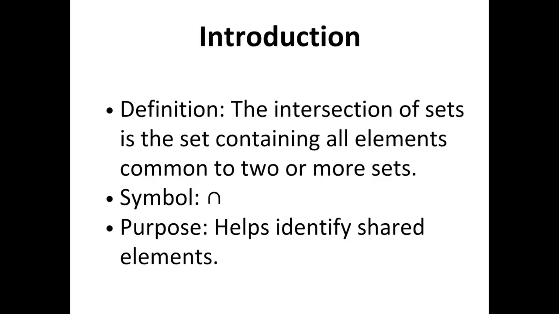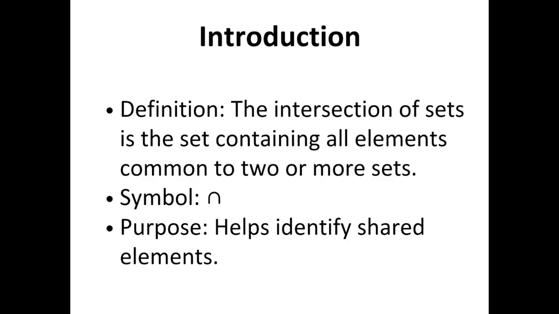We use the symbol ∩ to represent the intersection. For example, if we have two sets A and B, their intersection is written as A ∩ B, and it includes all the elements that belong to both sets A and B.